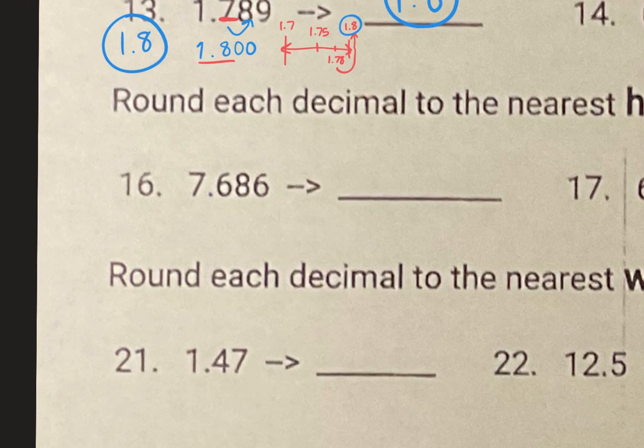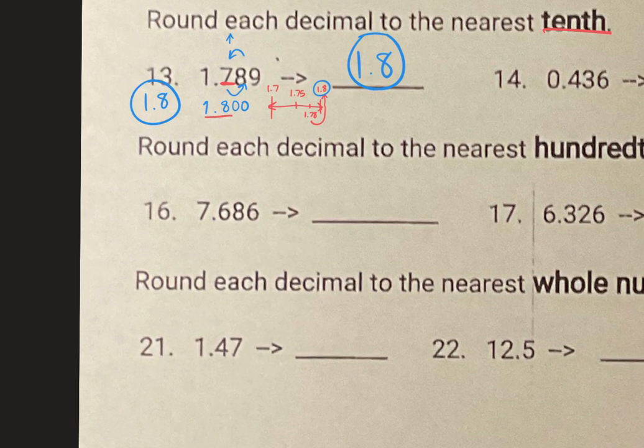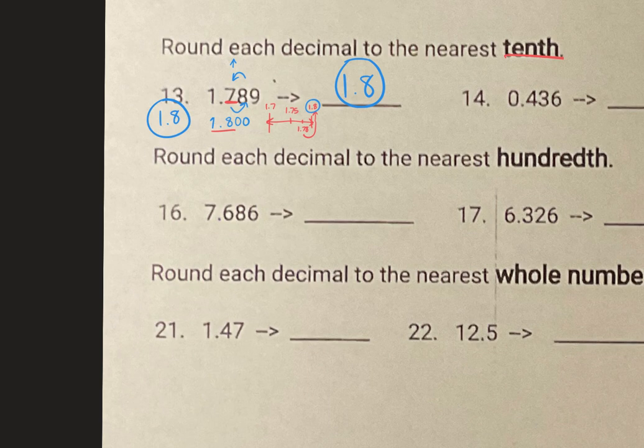Okay, so 16 says round each decimal to the nearest hundredth. So instead of underlining the tenths place, we're going to underline the hundredths place, which in this case is an 8. And then the next step, we're going to look one place to the right, the thousandths place.